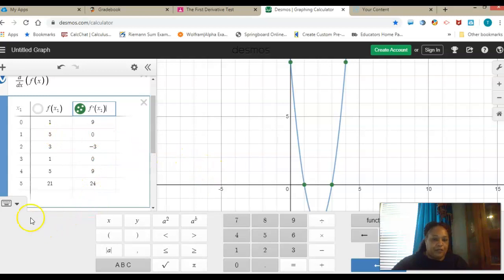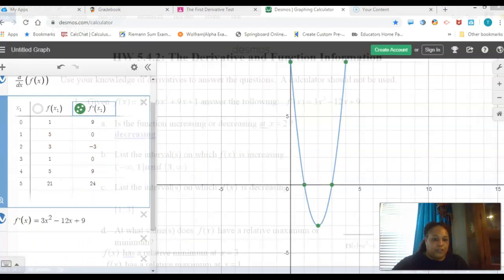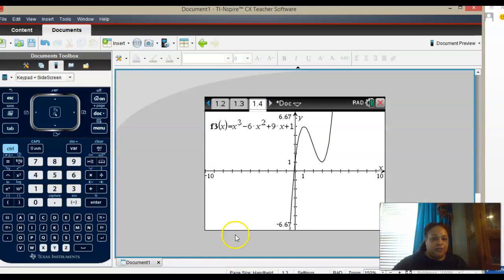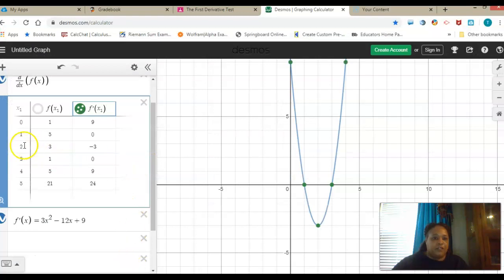If you look back at the question, it says, is the function increasing or decreasing at x equals 2? If you look at this graph, at 2 is right here, and this graph is going down. But if I wanted to know the real truth, I go to my derivative table, and since at 2 I have a negative value, that tells me it's decreasing when x equals 2.